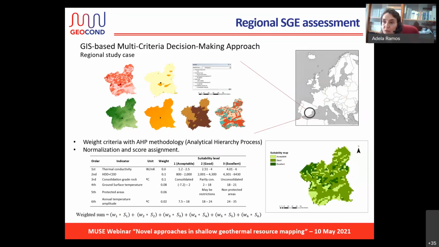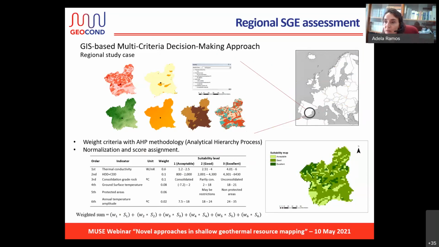For practical reasons, we used here only a regional case, and the approach finally resulted in a suitability map for the exploitation of the geothermal energy. And as an example case, we selected the region of Murcia, which is located in southeast Spain, that we can see here in the map.